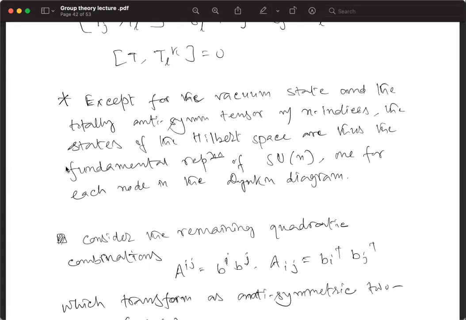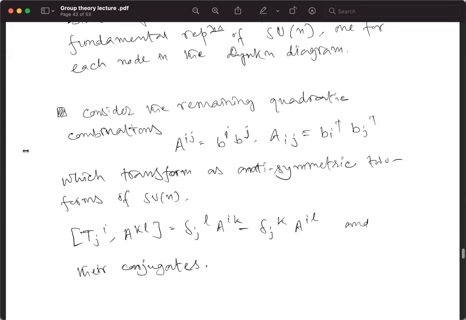Now, except for the vacuum state and the totally antisymmetric tensor with N indices, the states of the Hilbert space are thus the fundamental representations of SU(N). So one for each node in the Dynkin diagram. So that will be clear when we talk about some kind of example.